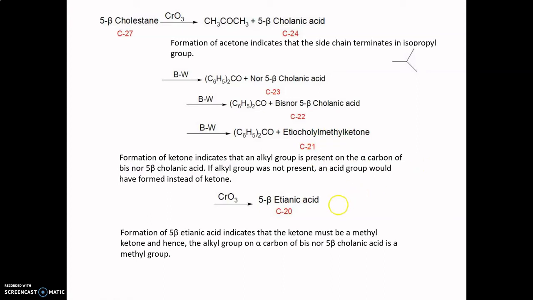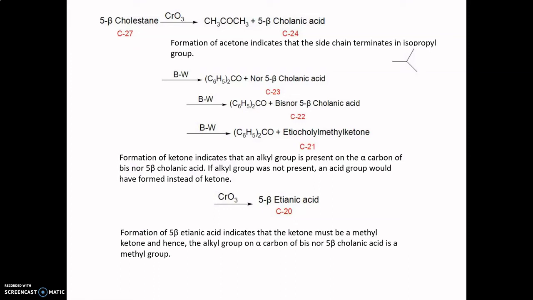If an alkyl group was not present, we would not have got etiocholyl methyl ketone; instead of a ketone, we would have got an acid. So that indicates there is a methyl group attached to the alpha carbon of bis-nor 5-beta cholanic acid.